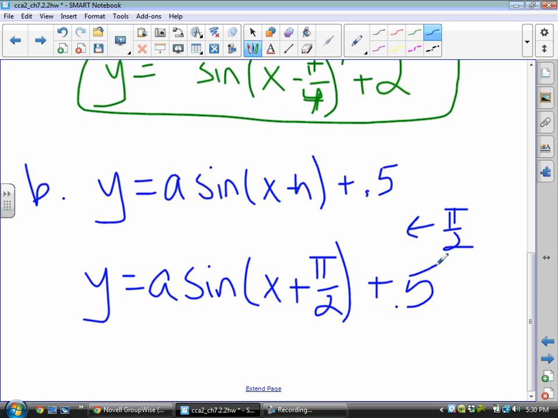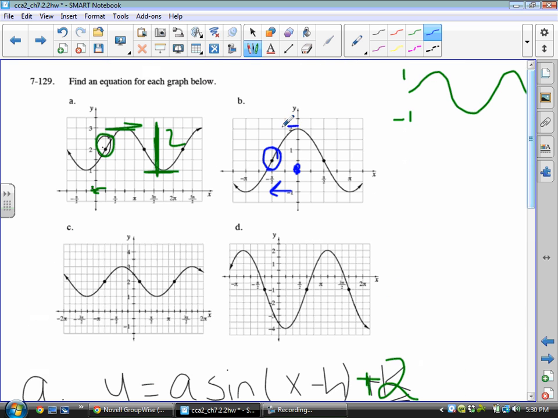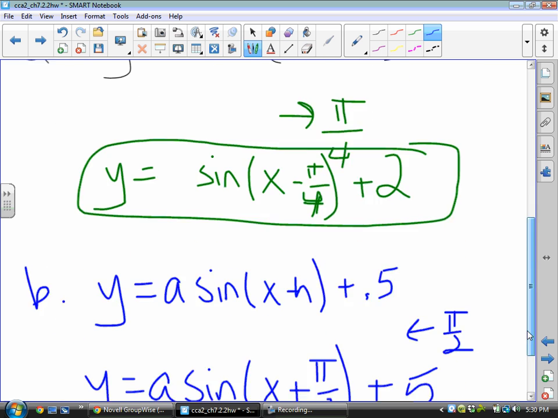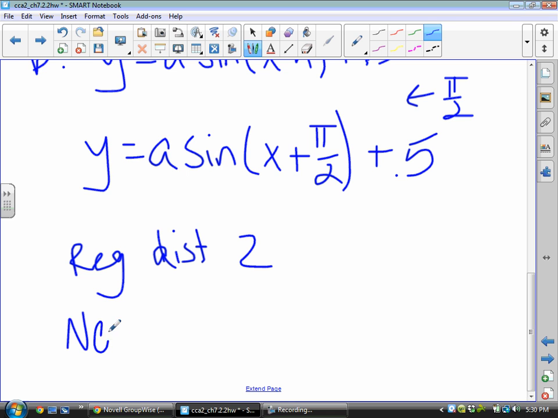Now the last thing is the amplitude. We look at the top and bottom height. This is at 2, this is at negative 1. So that is a total distance of 3 units. My normal one is 2 units. Here's how I'm going to think about this: the regular total distance is 2, and my new distance is 3.